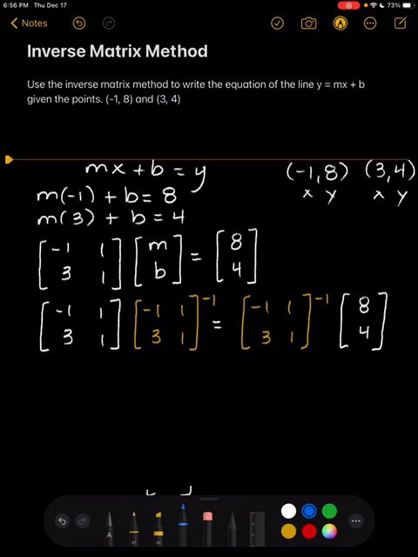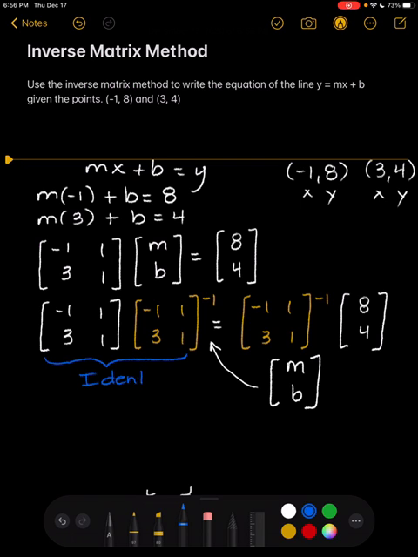And we do that because, oh my goodness, I completely forgot. Right in here, I did forget our m and b matrix. My apologies about that. So we do that because this right here is going to become our identity matrix.